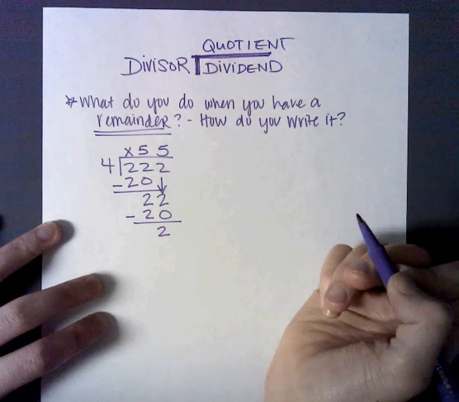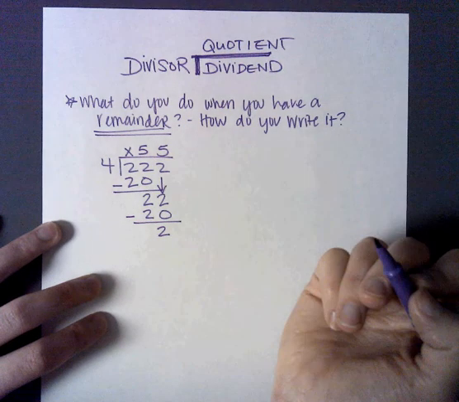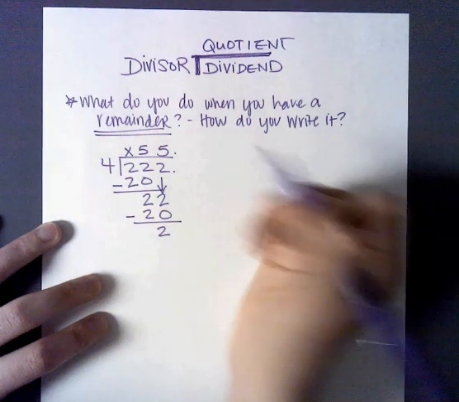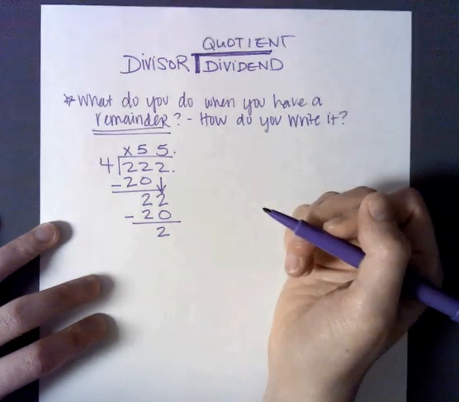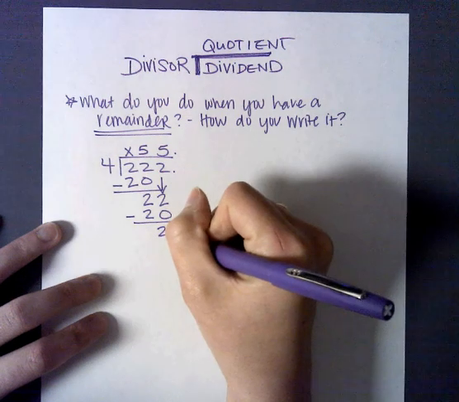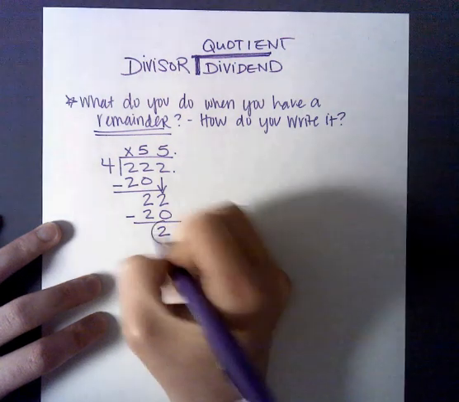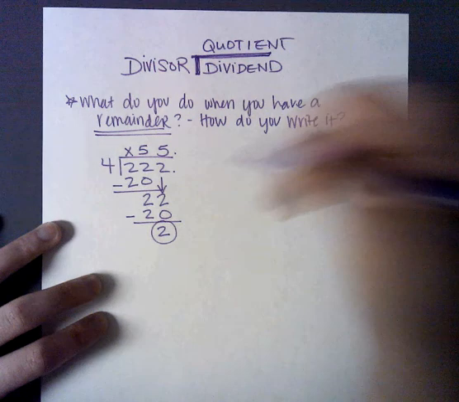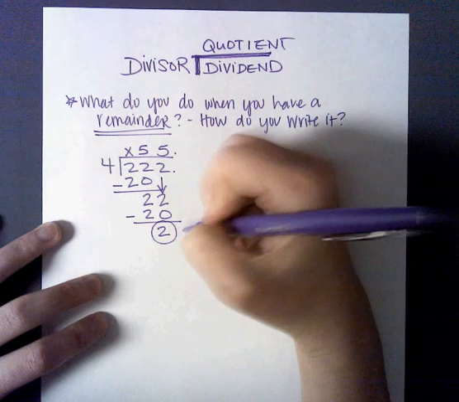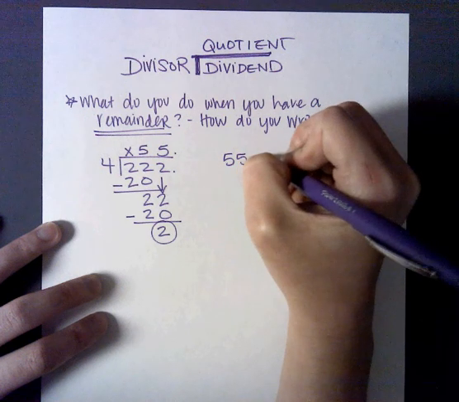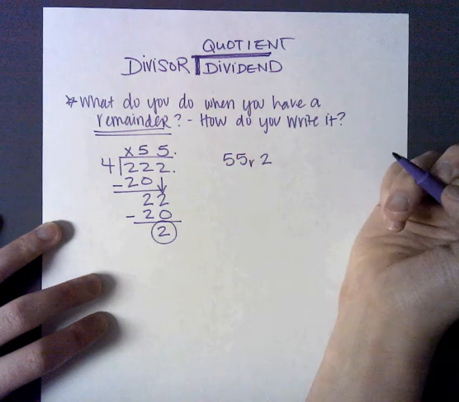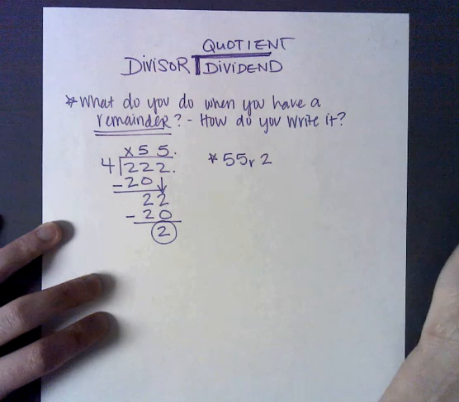Now, because we're pretty much at the end of our numbers, what are we going to do with this 2 right here? Okay, so I'm curious, what are we going to do? So you have a couple options. One, you could write it as 55 R for remainder 2, which I know I've seen some of you do.